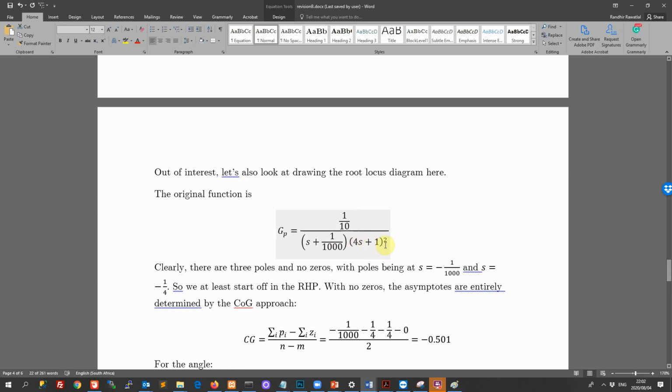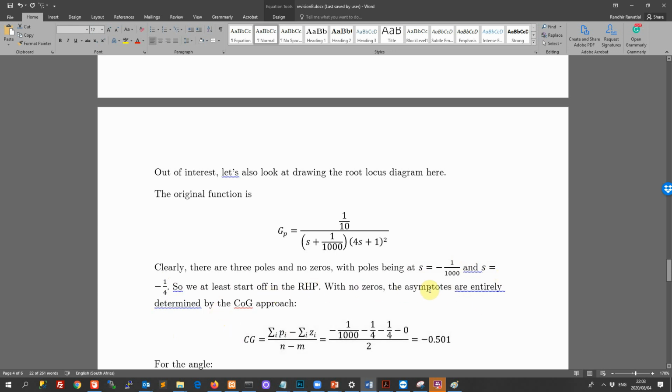That's going to be the source of 2 new asymptotes. Right, so there are 3 poles and no zeros, and the poles are at minus 1 over 1000 and minus 1 over 4. So we know at least these loci are starting in the negative real plane, so we have some hope of stability. Let's see how long that lasts.